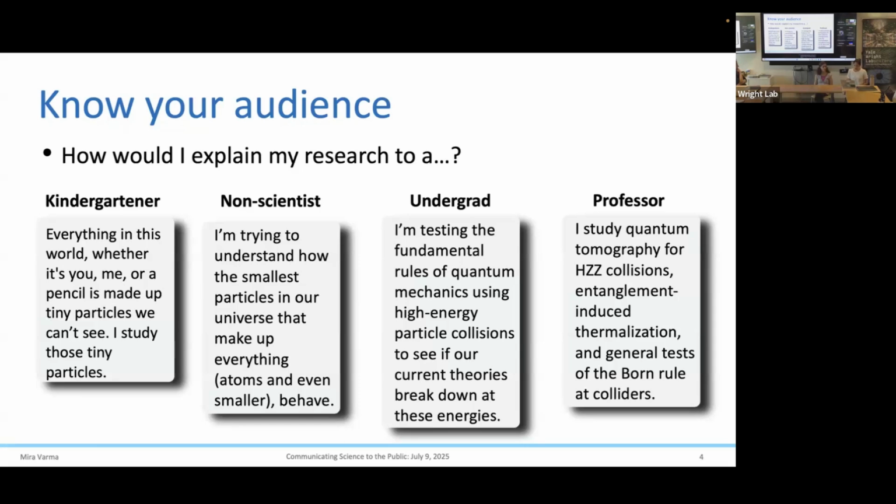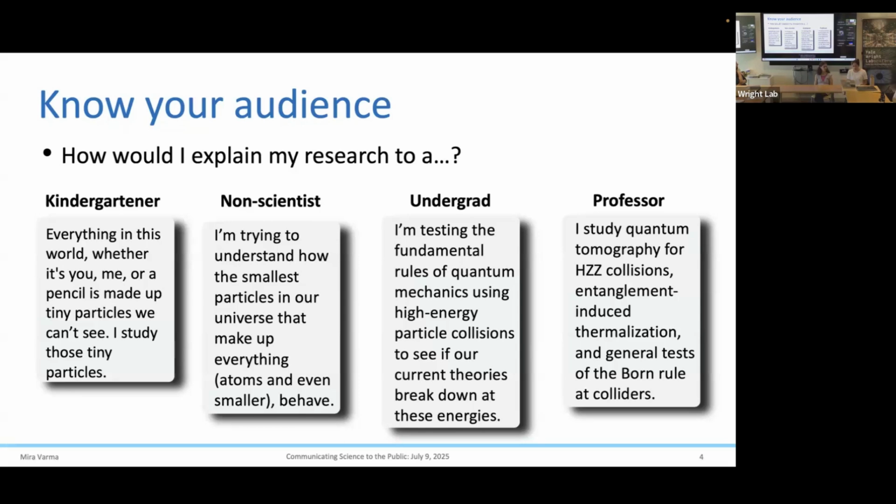And if I were to explain my research to an undergraduate physics student, I'd probably say something along the lines of how I'm testing the rules of quantum mechanics at particle physics energies to see if our theories break down there.